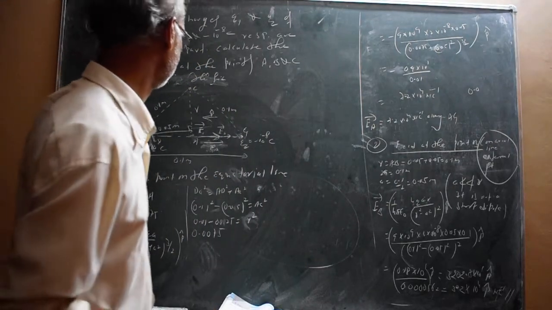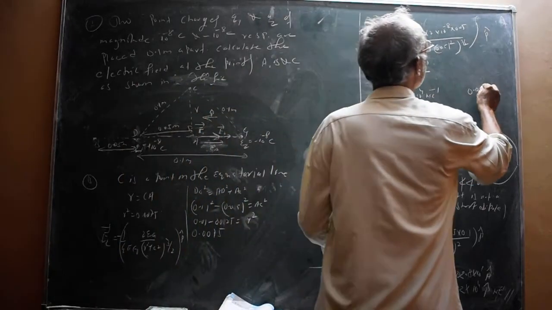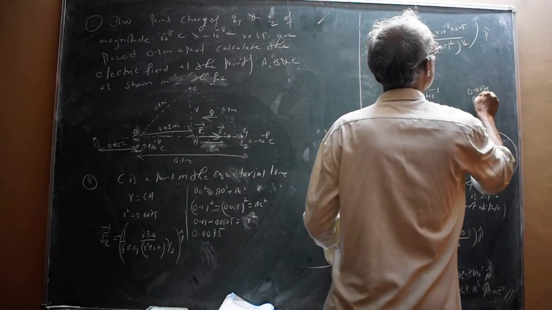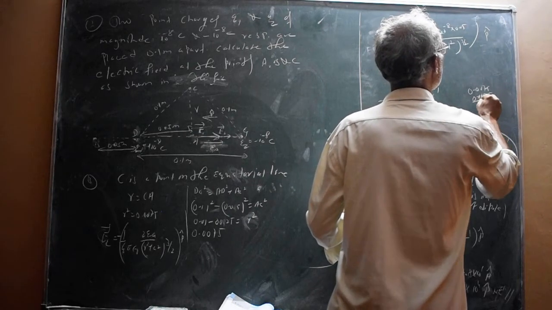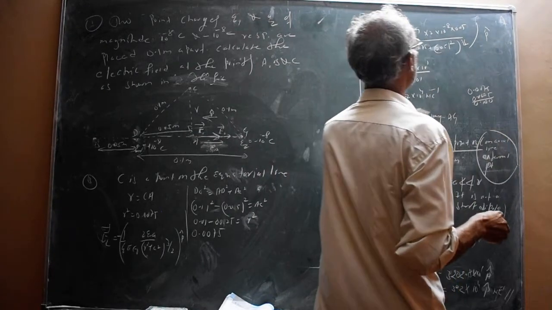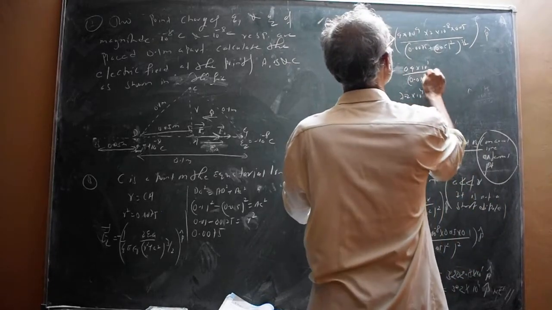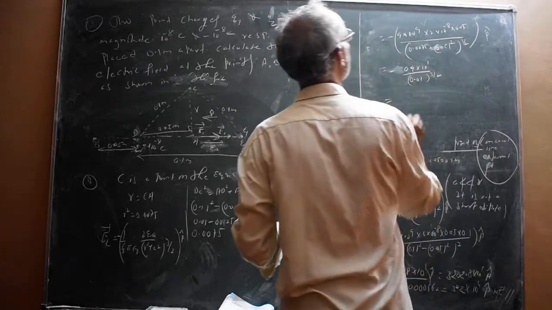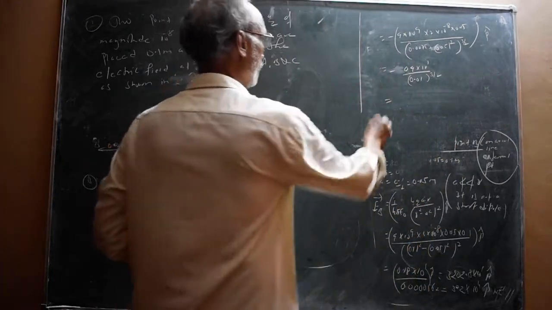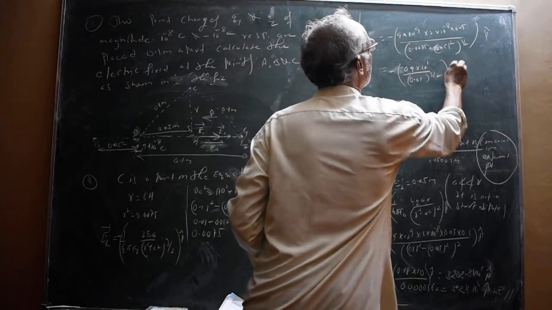Therefore, 0.0075 and 0.0025 is equal to 0.01, correct? 0.01 raised to 3 by 2. How do we work out raised to 3 by 2? Please mind the P cap direction.